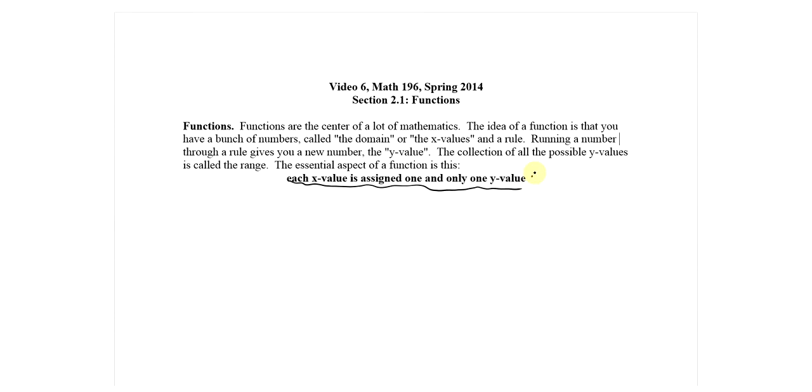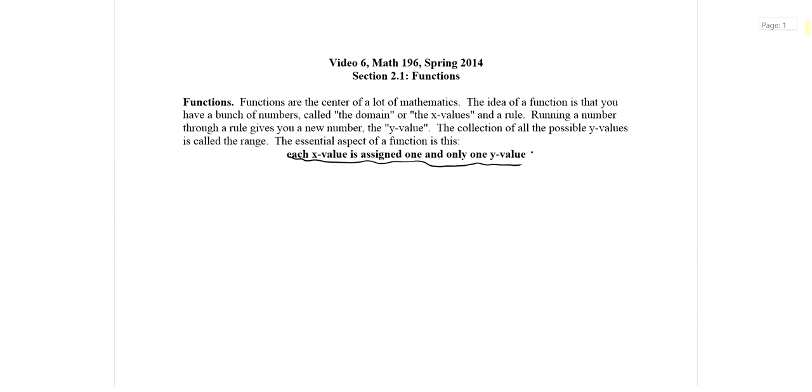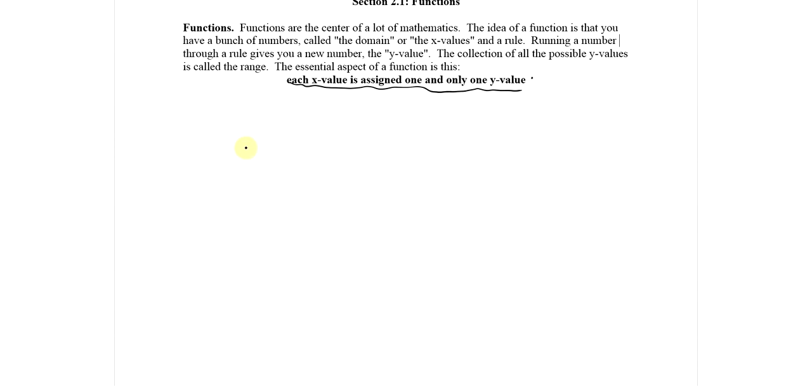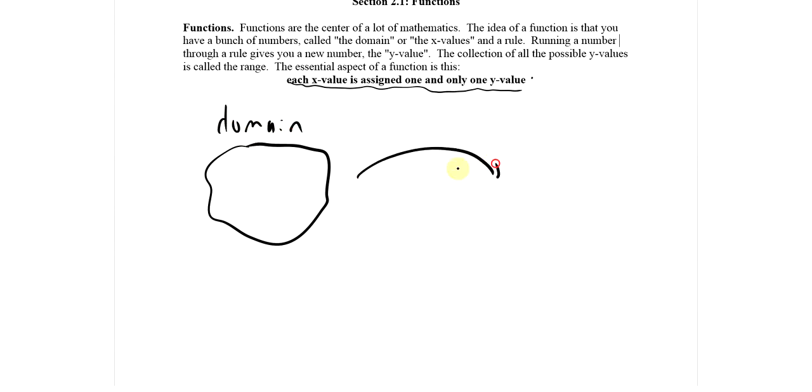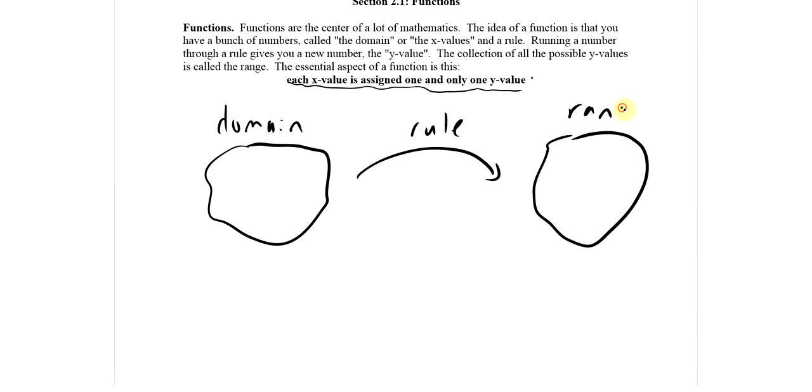Okay, so what's the idea behind a function here? Well, you have a pile of numbers. We call it the domain. And you have a rule of some sort. And that gives you out some new numbers, and we call that the range. So suppose you had in your domain the number 3, and that got assigned to the number 9.